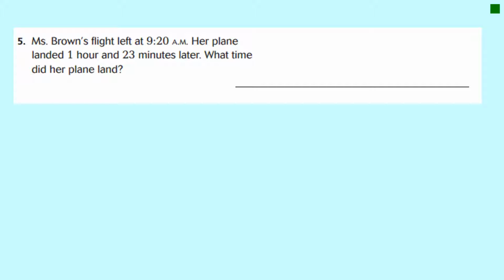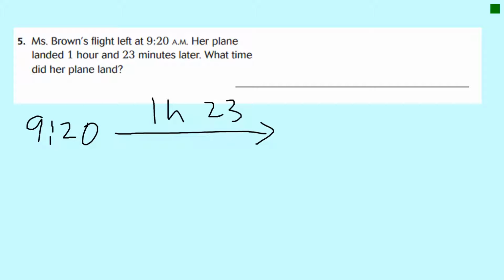So she went 9:20, zoom on the plane for 1 hour and 23 minutes. Right? That's M-I-N. And they want to know what time she landed.